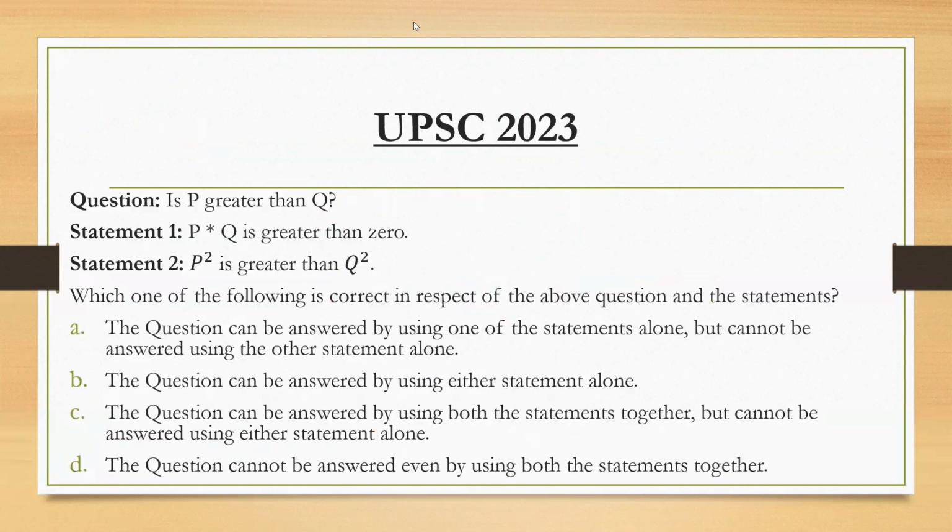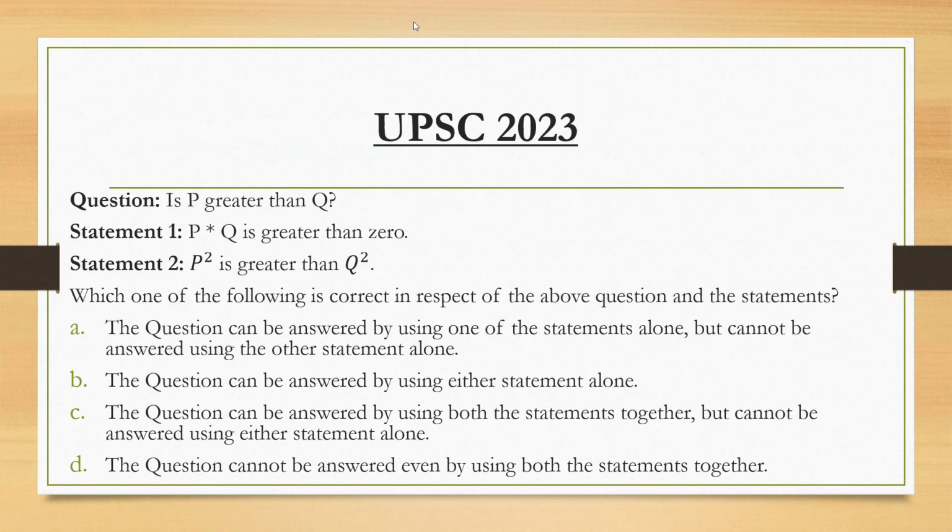Okay. So then solve the next one. UPSC 2023 question. Again, the question asked here is, is P greater than Q? So you should be able to definitely say yes or no based on the statements given.